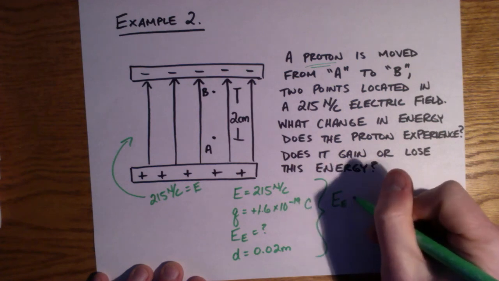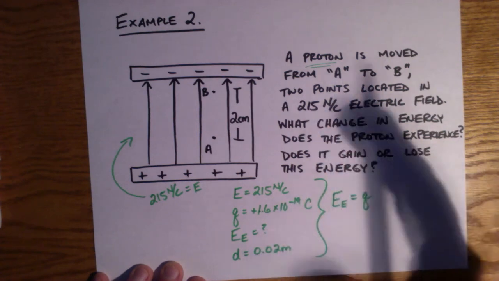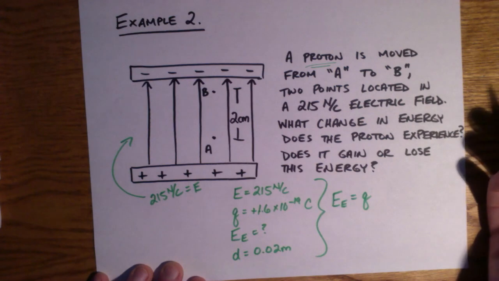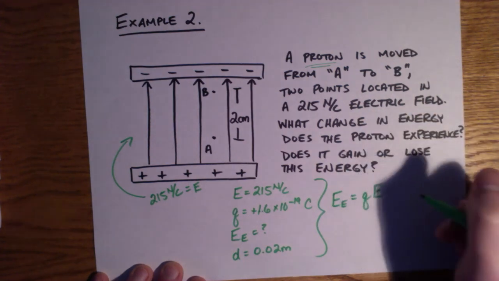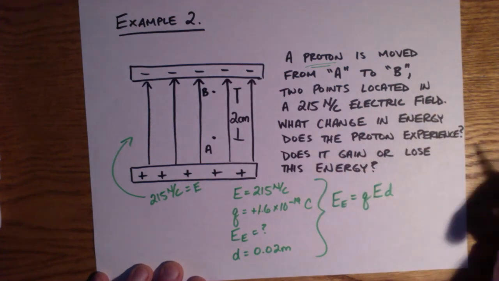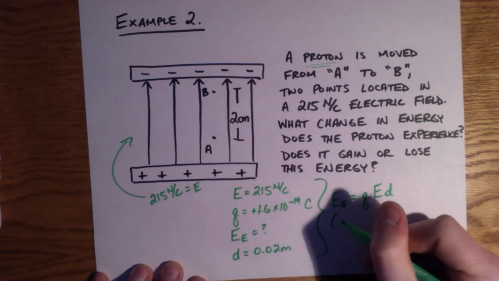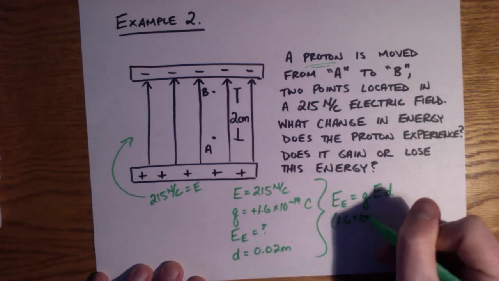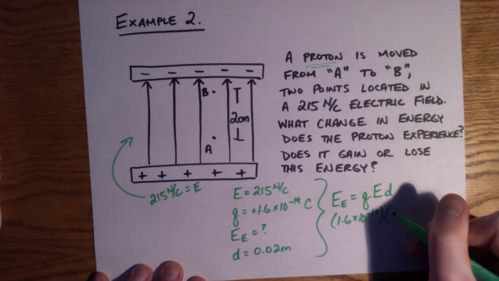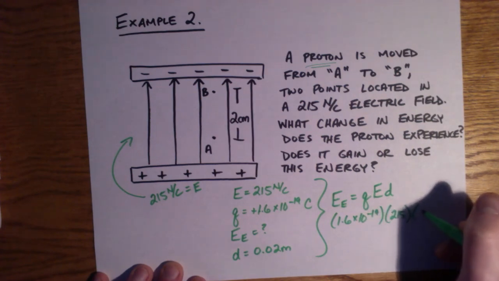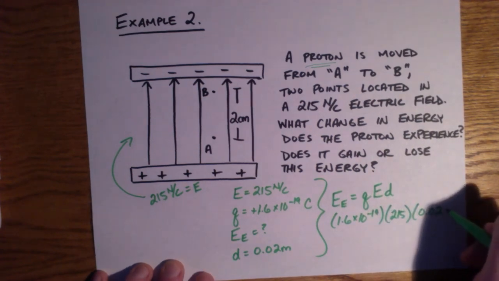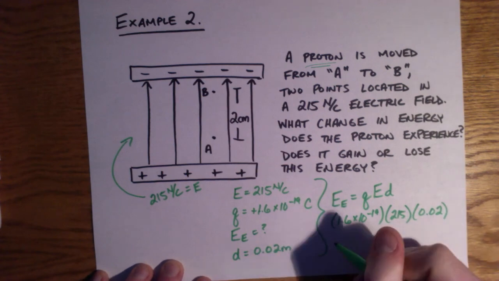Well, if we think back to our original equation, we know that instead of a mass times a gravitational field times the height that it's moved, it's charge times the electric field times the distance that it's moved. So all I have to do here is 1.6 times 10 to the negative 19th times 215 times the 2 centimeters, or the 0.02 meters that is moved through the field.